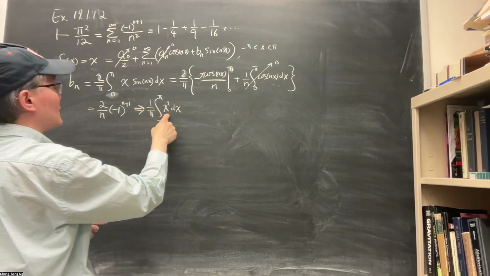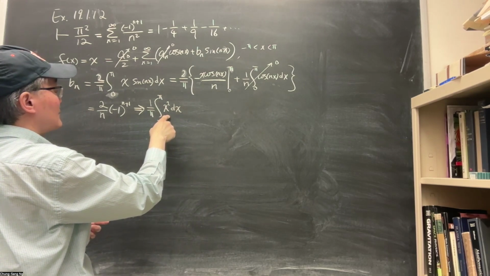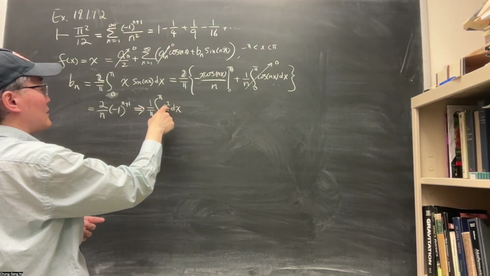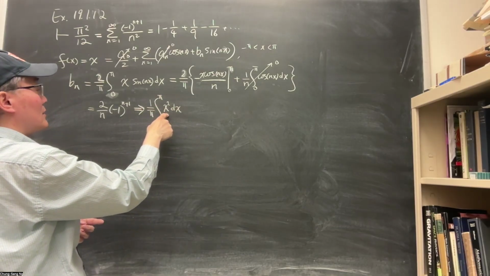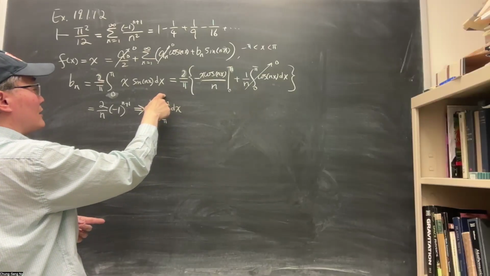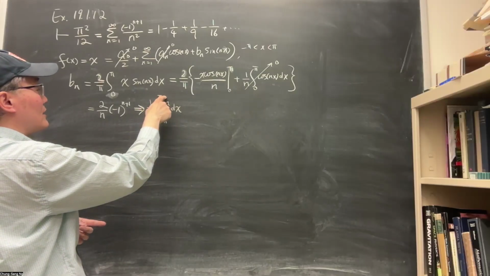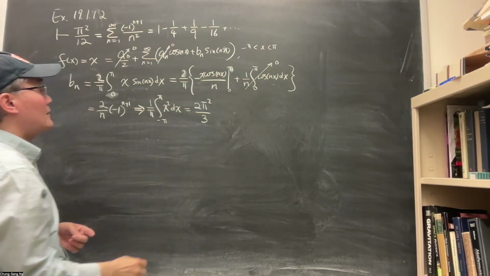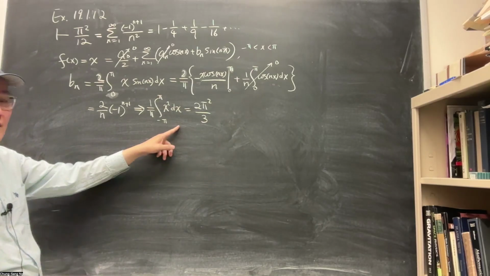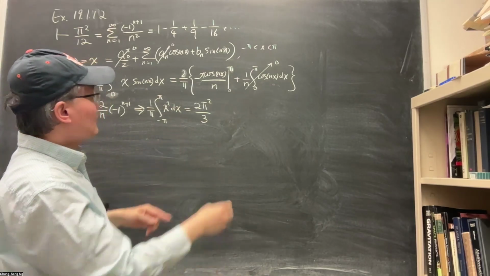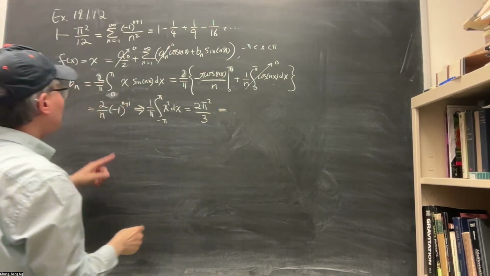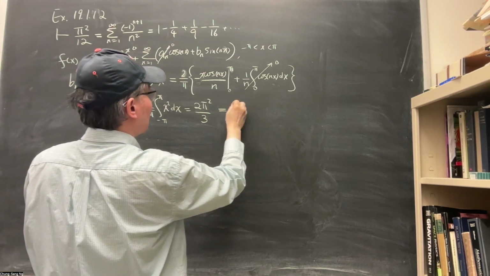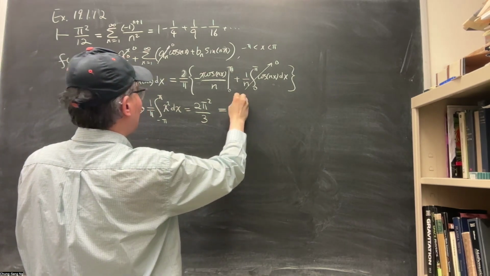Again, you can change it to 0 to pi and multiply by a factor of 2, and integrate to get x cubed over 3, which becomes pi cubed divided by pi, equals 2 pi squared over 3. That's the left-hand side of the Parseval identity. The right-hand side is the sum of the squares of all these b sub n, n from 1 to infinity.